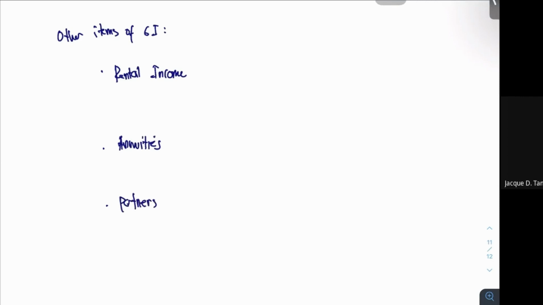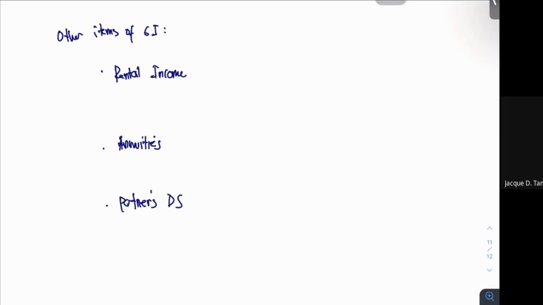And that's it for the other items of gross income. So let's wrap up whatever we have learned this afternoon. We have only three other items: your rental income, your annuities, and your partner's distributive share.